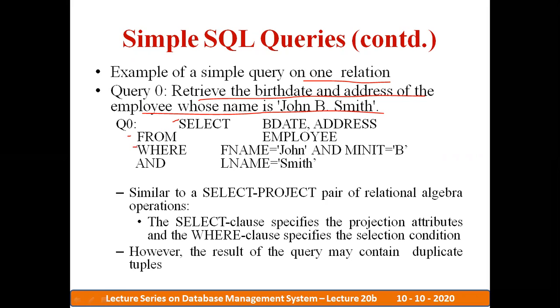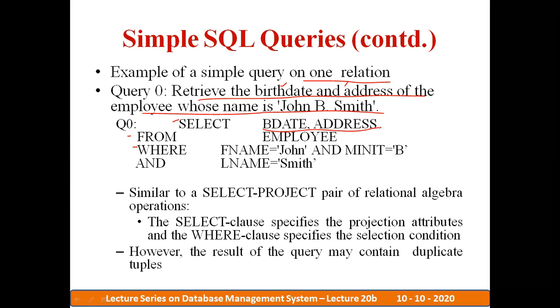After the select, I need to specify the attributes I am going to display. I am only interested in retrieving the birth date and the address, so that is what I have given here. After specifying the select clause, I need to specify the attributes that you are going to display.